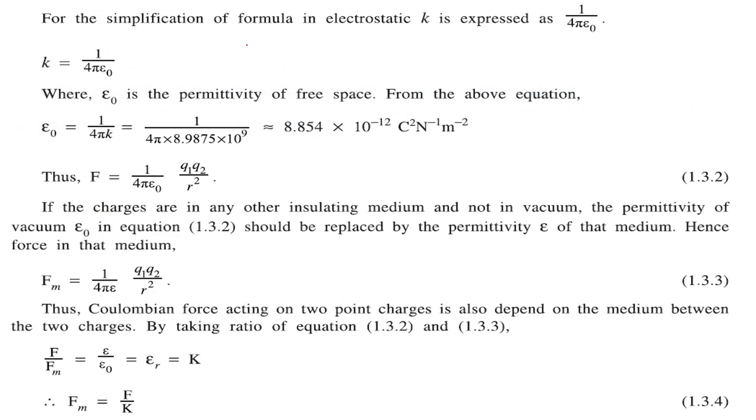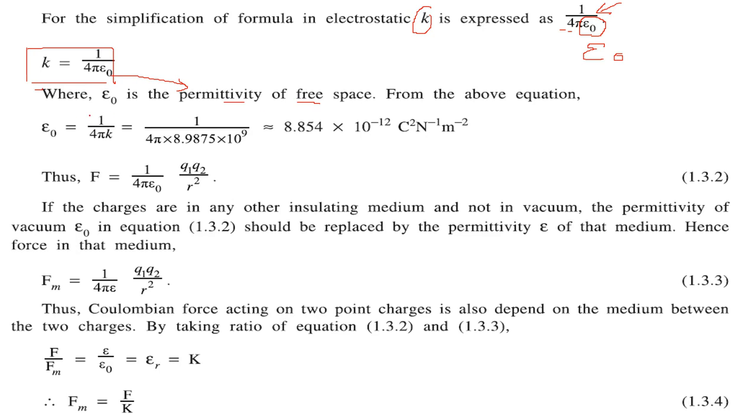For more simplification of this formula in electrostatics, K can be represented as 1 by 4 pi epsilon 0. Here we have 4 and pi, and epsilon 0 is the permittivity of free space.